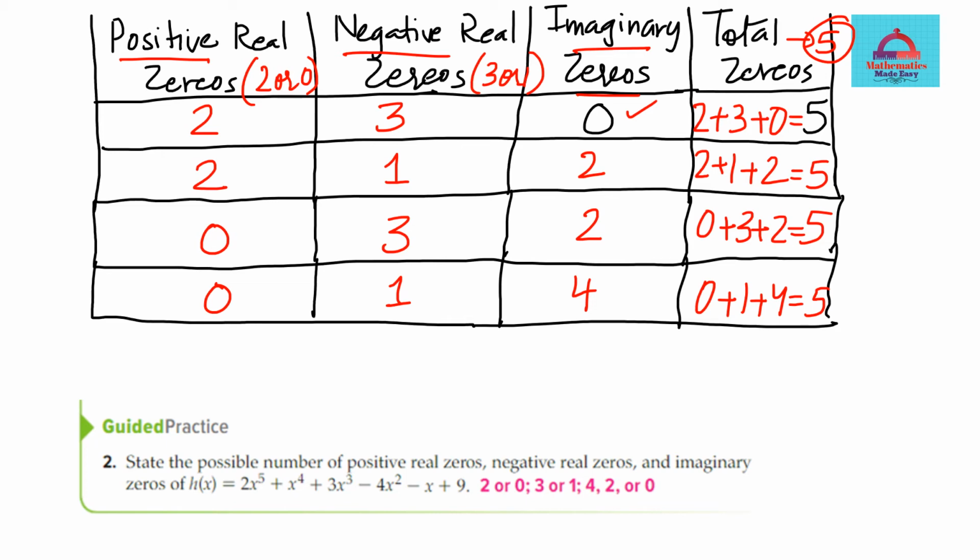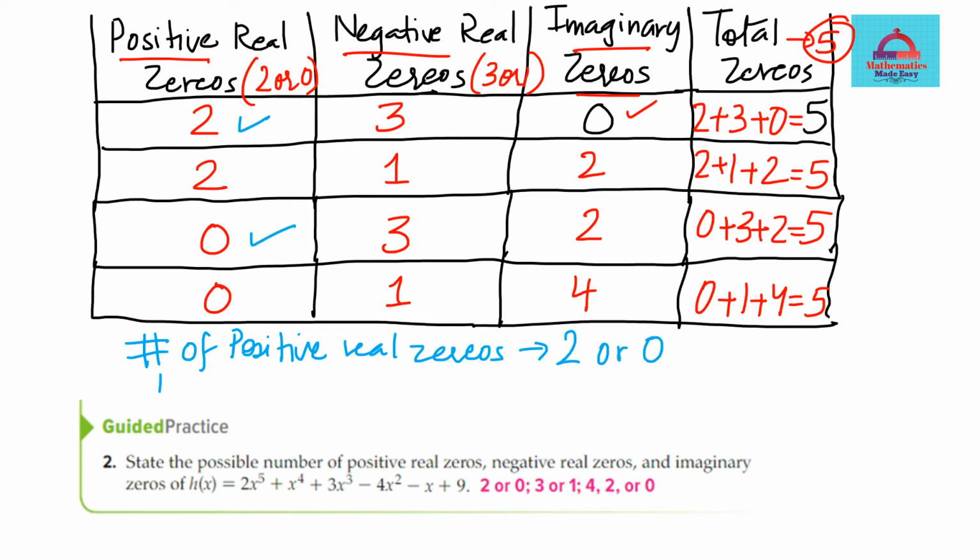That means if we have to write our final answer, the number of positive real zeros, how many options did it have? It had only 2 options, either 2 or 0.